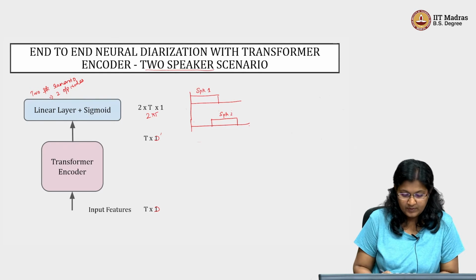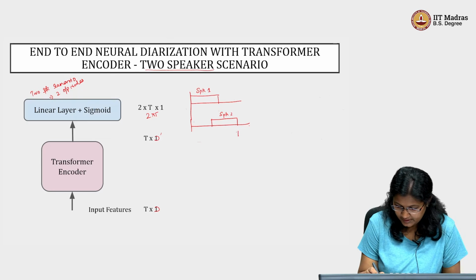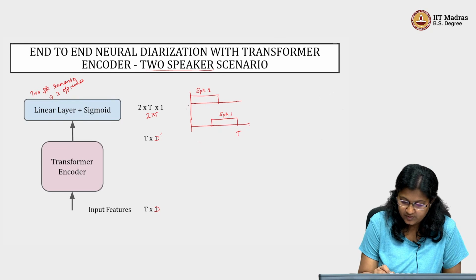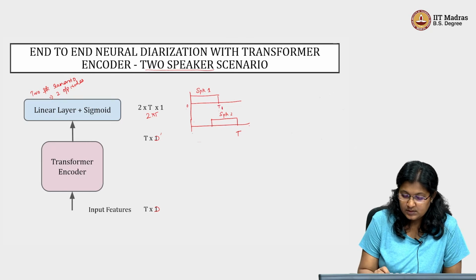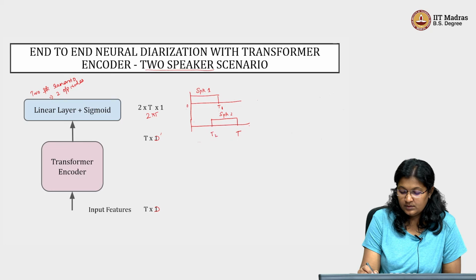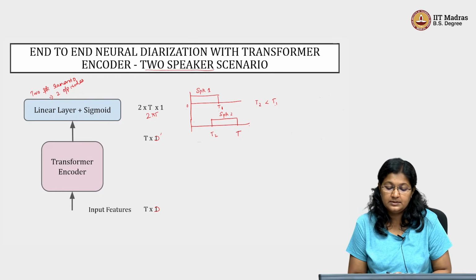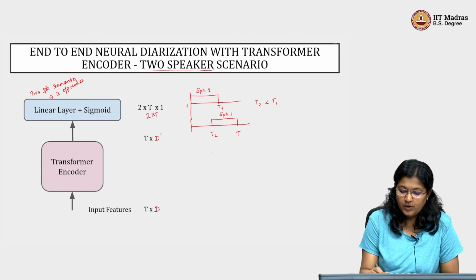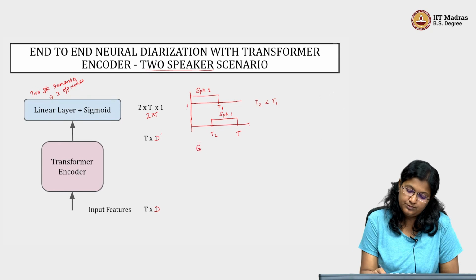In the sense, if there are T time frames in total, let us say speaker 1 is speaking from t equal to 0 to T1, okay. Speaker 2 is speaking from T2 to T. Because there is an overlap, T2 is lesser than T1, okay, fine. So I can feed this as a ground truth, right, to train the model. This is my ground truth.